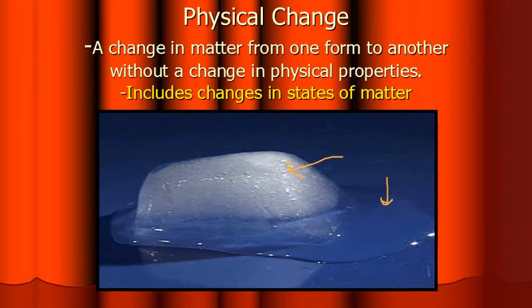And so when you do something like what you see in this picture, when you melt this, it's still water. You have not broken apart any molecules. You have not taken the hydrogen and separated it from the oxygen. You've just gone from solid water to liquid water. So a change in state of matter, this is the one that messes everybody up. Remember, changes in states of matter are a physical change, not a chemical change.